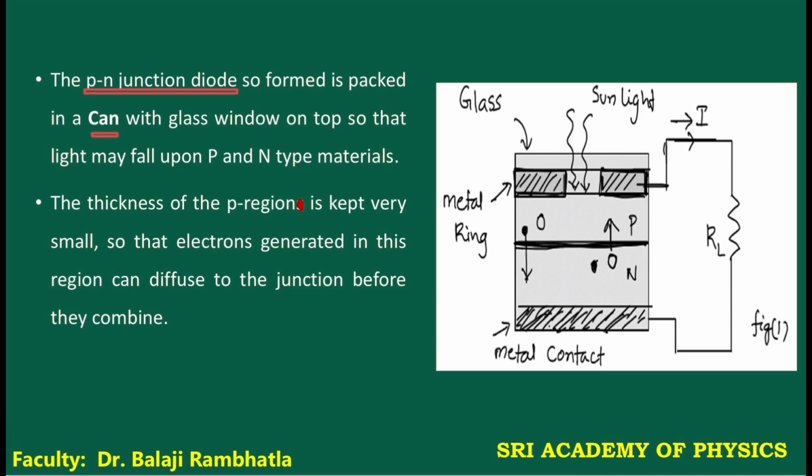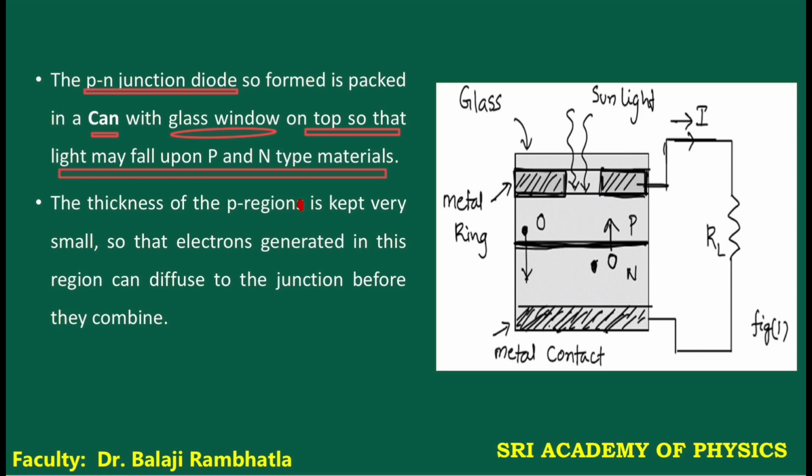The PN junction diode is placed in a can with a glass window on the top so that the light may fall upon the P and N type materials. So here the light is allowed to be incident on the P region as well as the N region.